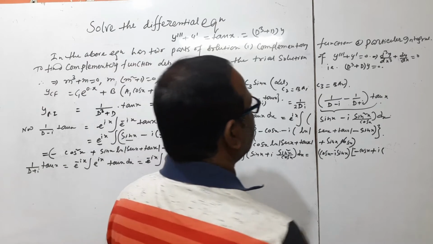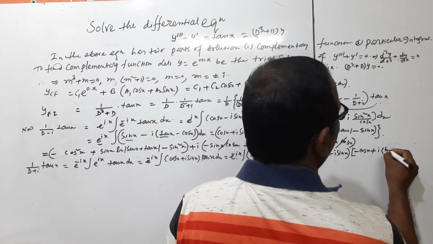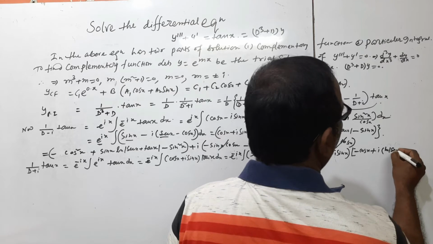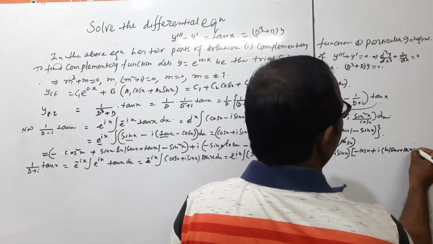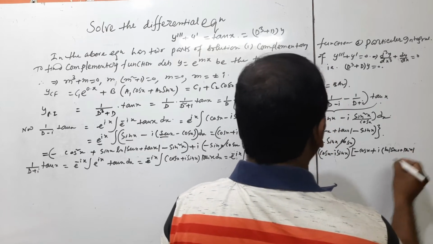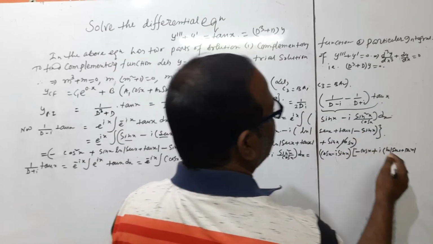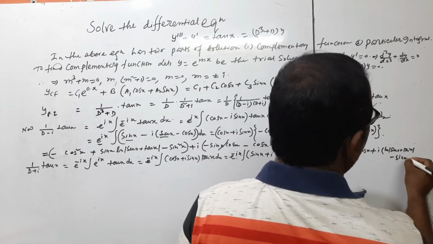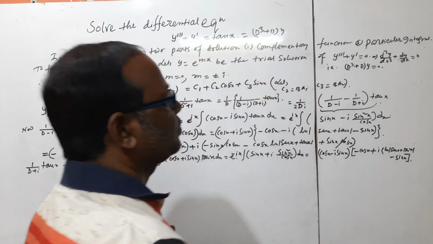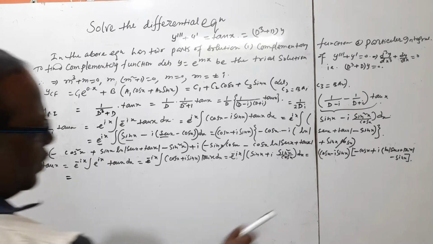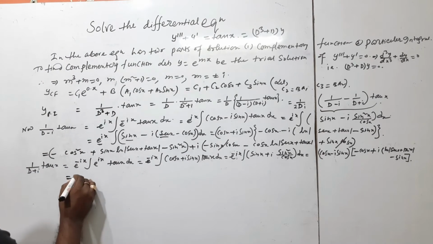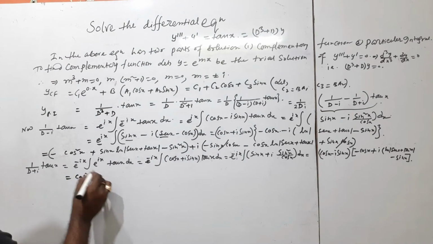This is within the bracket, this is here ln mod sec x plus tan x, minus sin x. Okay, minus sin x.